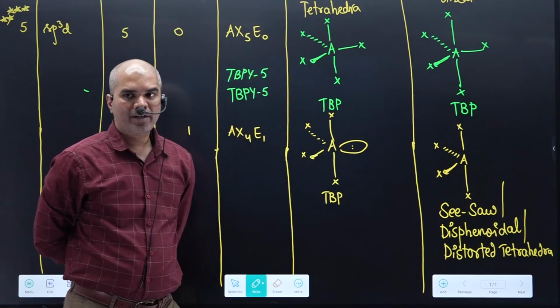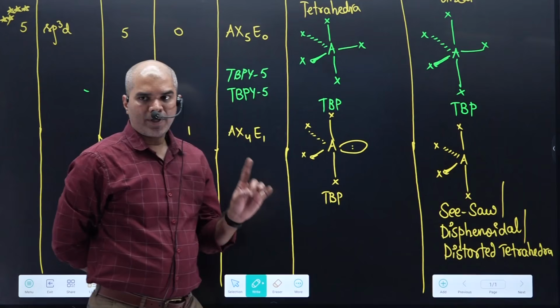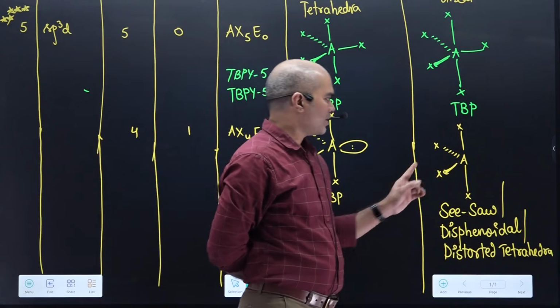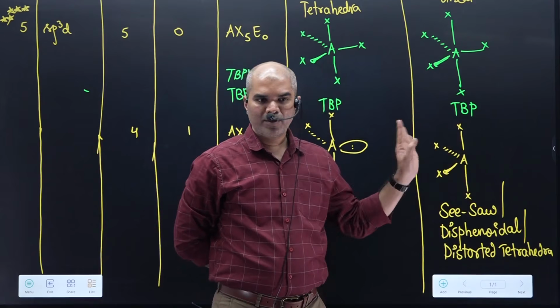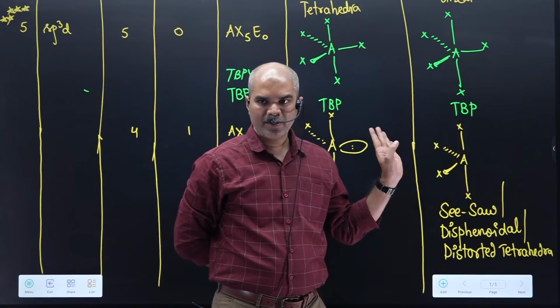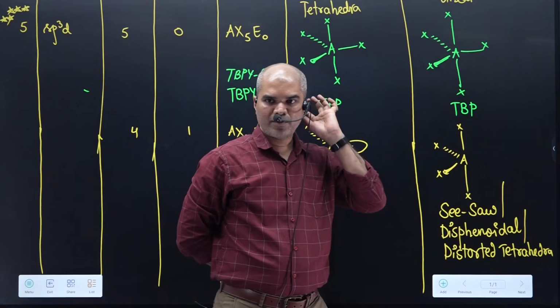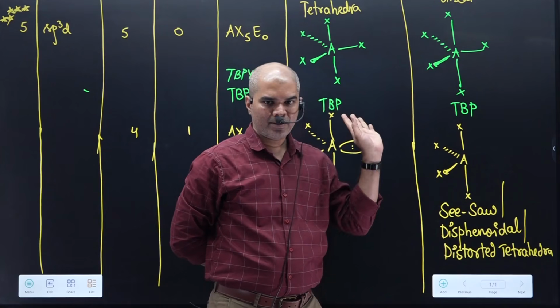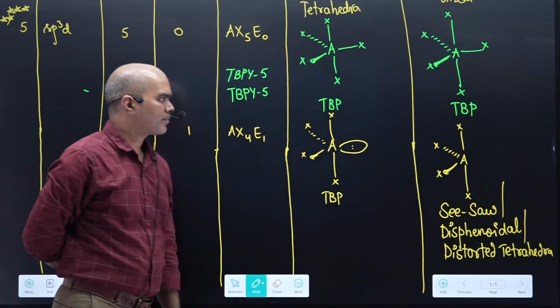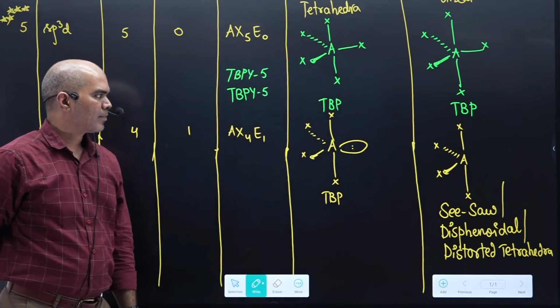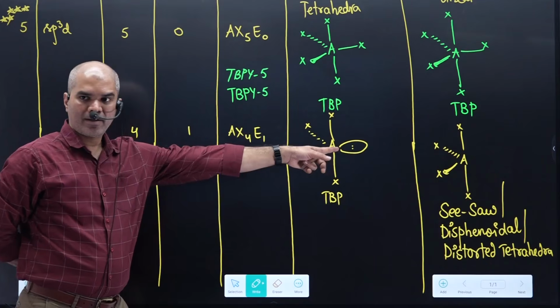One clear point you have to notice here. One clear point is this is not the perfect geometry. Whatever we are drawing is not a perfect geometry. Okay? Have you drawn it, everyone? First you complete it, I'll tell you. There is a lone pair.